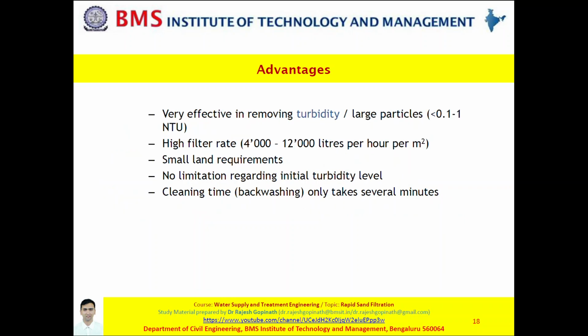Let's look at the advantages. Obviously, it requires less land. The rate of filtration is enormous when compared to the slow sand filters and it is extremely efficient in reducing turbidity. Unlike the slow sand filters, which take a lot of time in terms of cleaning, rapid sand filters take about a few minutes. Now, what could be the disadvantages then? Let's go to 19.